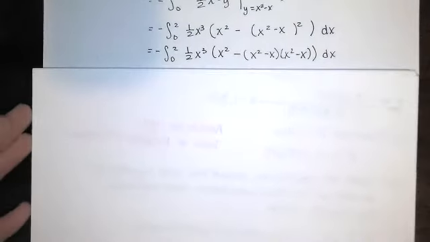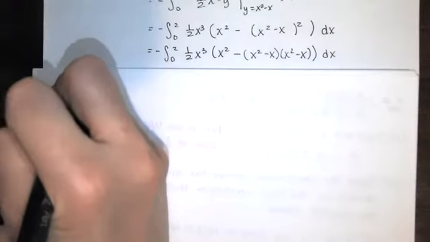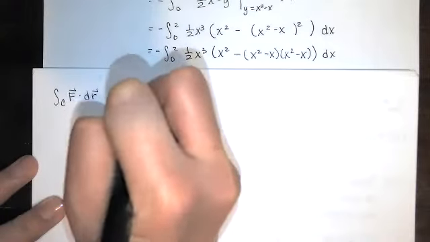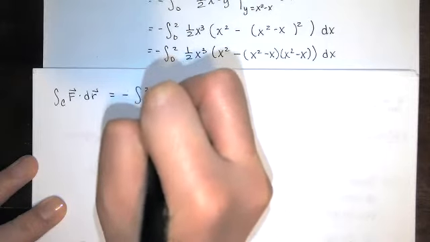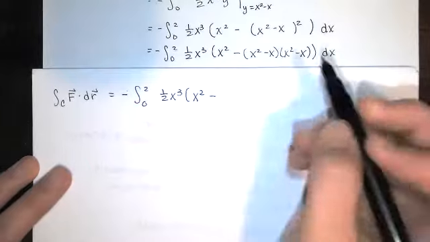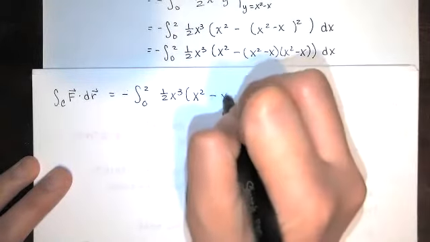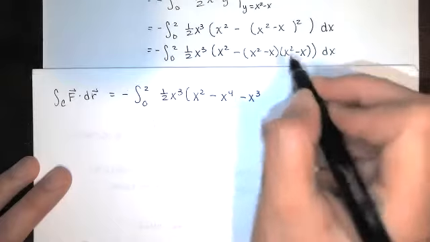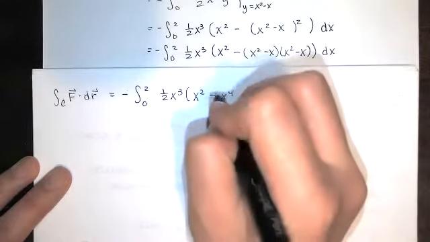We're just doing a little algebra. First times first is x to the 4th. Outer times outer is negative x cubed. Inner times inner is just like it.